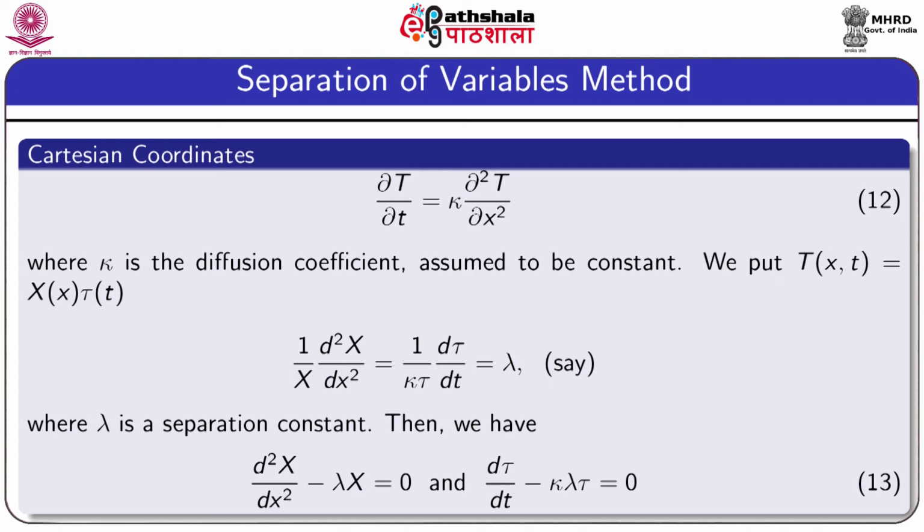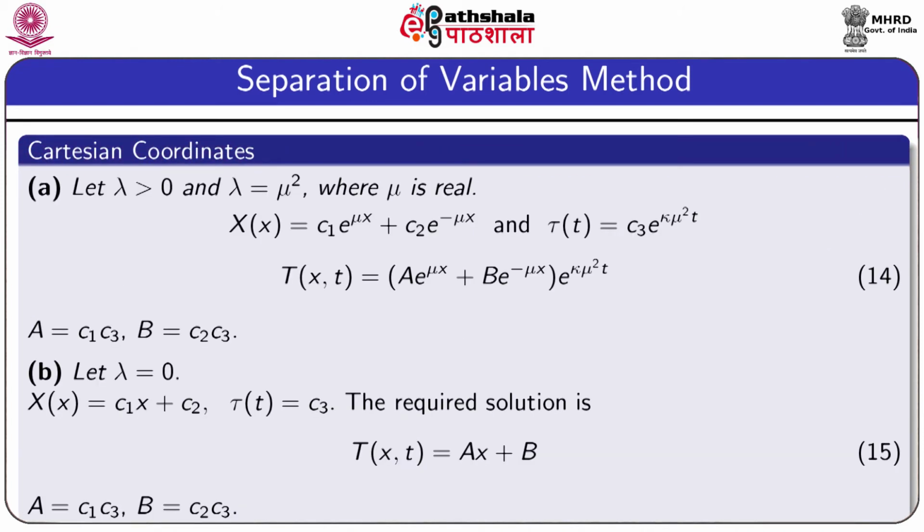So, the equations for capital X and tau become d2X dx square minus lambda X equals 0 and d tau dt minus kappa lambda tau equals 0. First of all, we assume that the separation constant lambda is a positive number, so lambda is greater than 0.